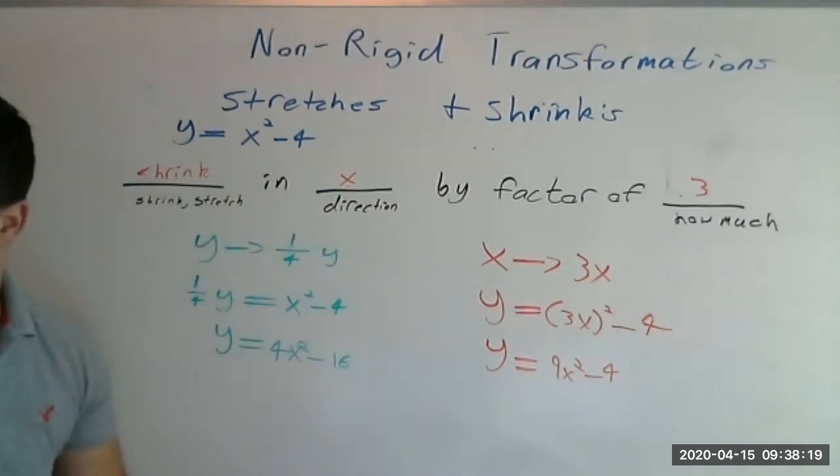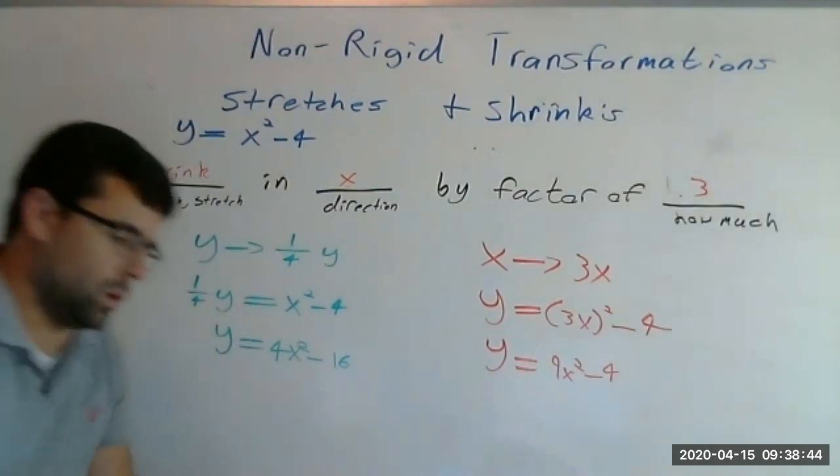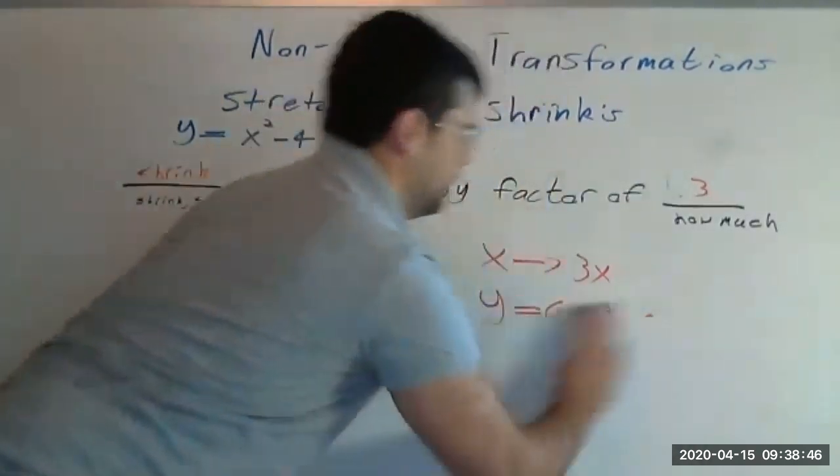What else? What else would we like to see? Give me another one that you guys want to go through and talk about. At a factor of 10. All right. So what are we going to do by a factor of 10?